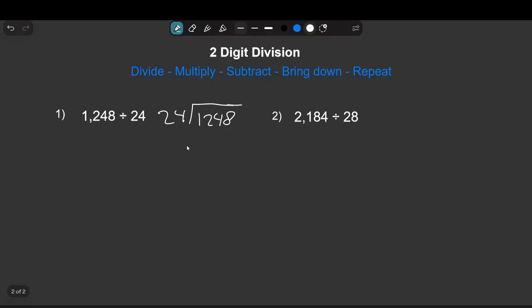Now what we have to do is look at how many times 24 fits into 12. In this case, it fits 0 times. So we're going to let the 4 help us out a little bit. Instead of 12, we're going to ask how many times 24 fits into 124.